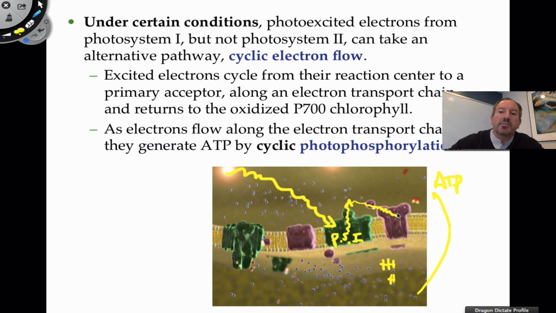But watch this. Instead of it going to NADP reductase, the electrons flow back to the reaction center. And so it replaces itself.